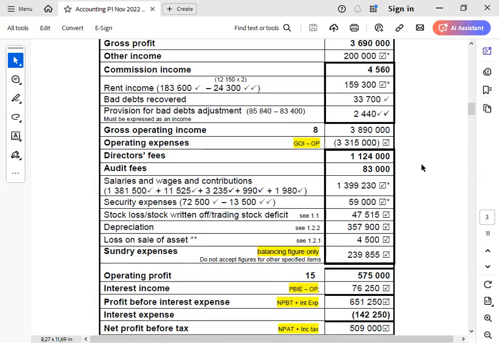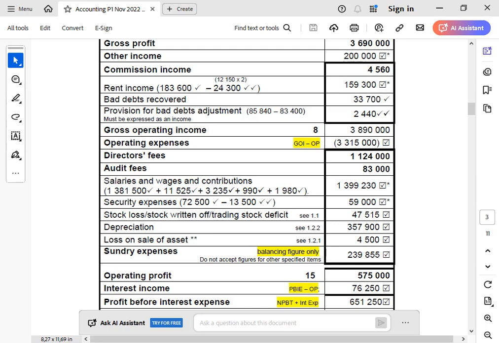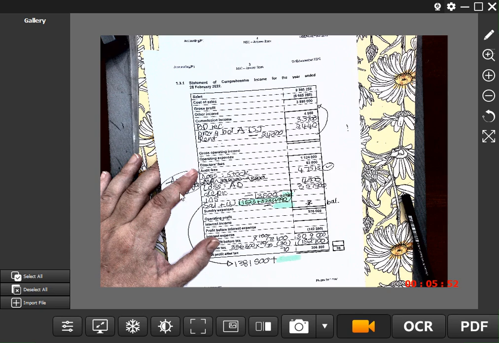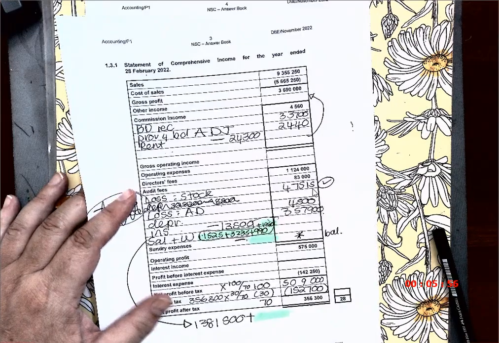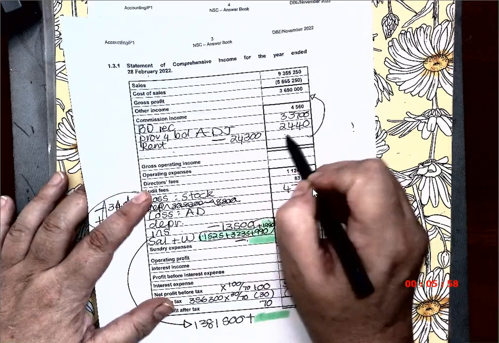Can you see? There's the provision for bad debts. Bad debts recovered. Did we remember to put that in? Yes? Yeah. And the rent. It's 1, 2, 3, 4. So they gave you an extra line. So don't let these things bother you. Okay? You do what you think is right again. No, there's also 4. I haven't put that one in.